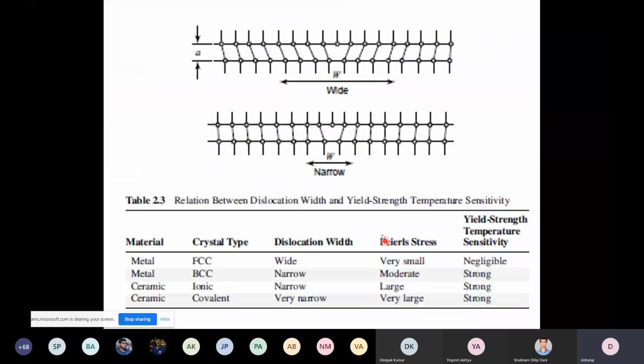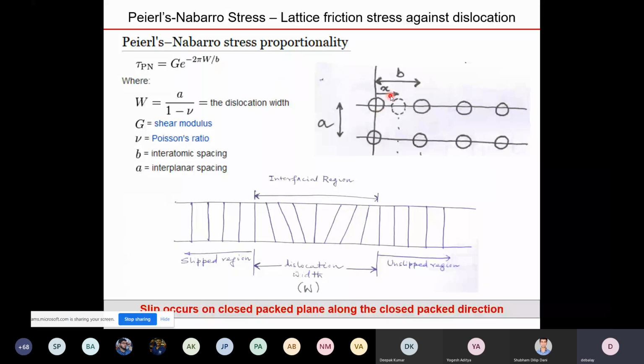When the width is large, dislocation movement is easy. When the width is narrow, dislocation movement is difficult. We have talked about Peierls-Nabarro stress, the effect of b and the effect of a, and it decides the lattice friction stress. It is basically lattice friction stress against dislocation motion.